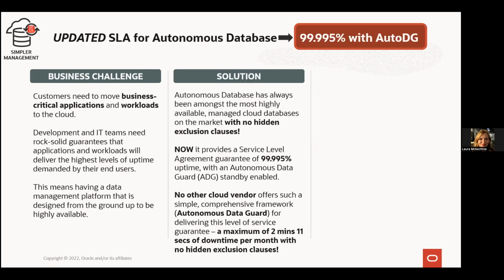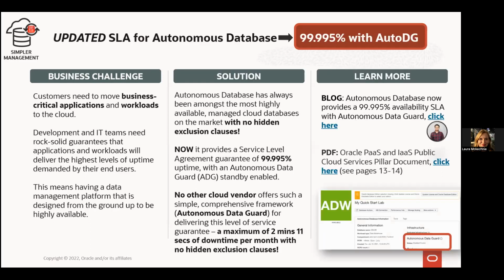And as part of that, with Autonomous Data Guard, we have updated the SLA. So the service level agreement is now at 99.995 when you're using Autonomous Data Guard. So that is documented in our documentation, as well as in the Cloud Service Pillar document, which is essentially the details of everything the service offers from a capability and service level agreement standpoint.